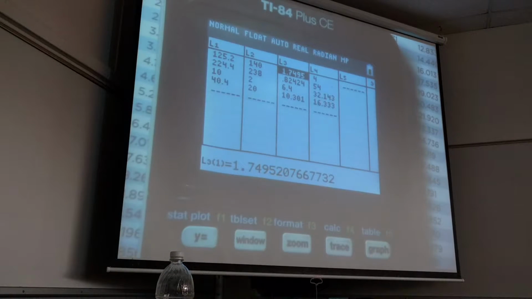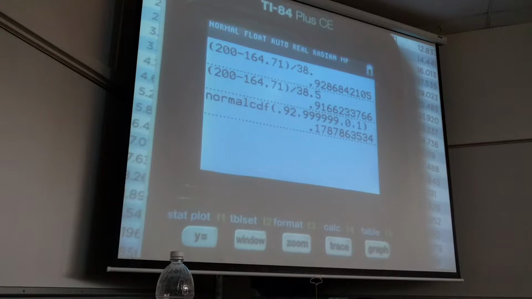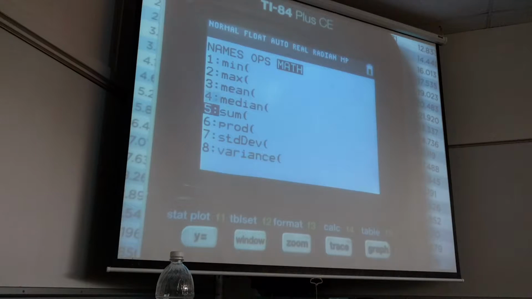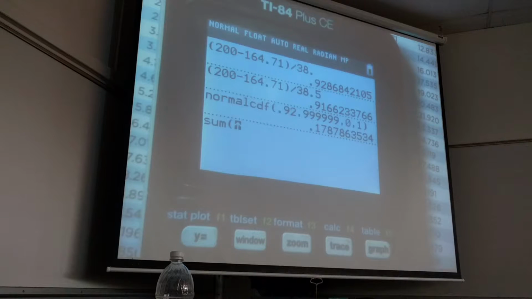This should feel very familiar. This is sort of like when we did standard deviations. You guys getting those same numbers if you're playing along? If you did it by hand, you could just do it by hand, get the same numbers. And now I can just add those numbers up. I don't know if you remember this, but you can go to list, sum. Where was it now? I forgot. 1, 2, L3.